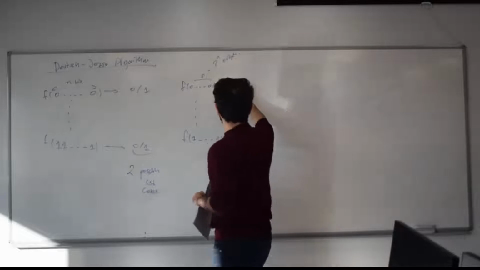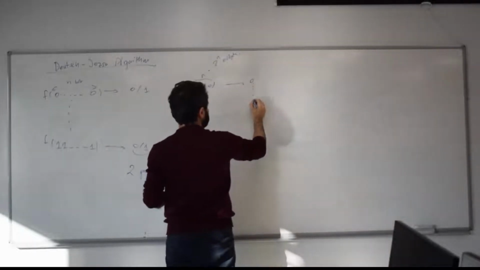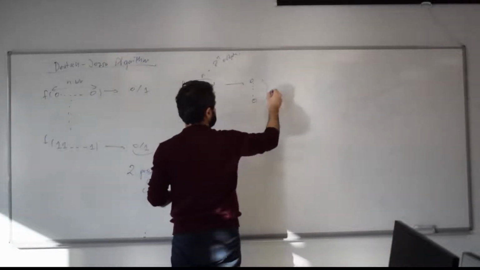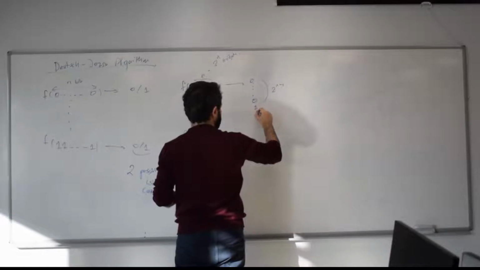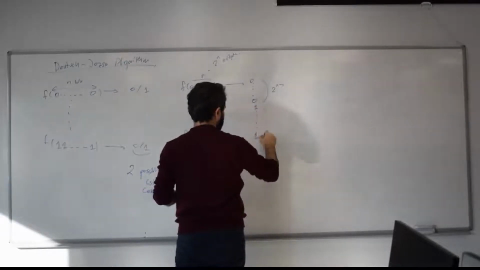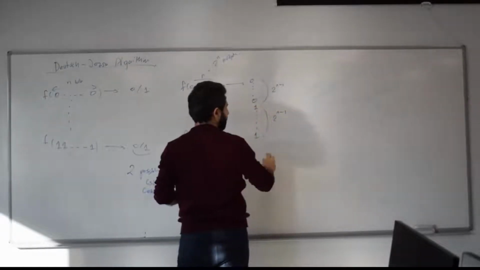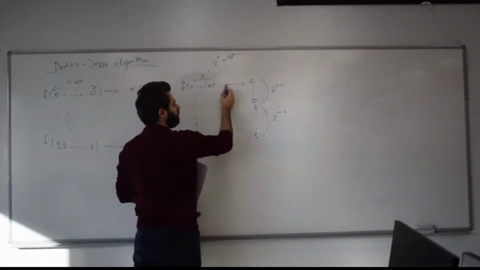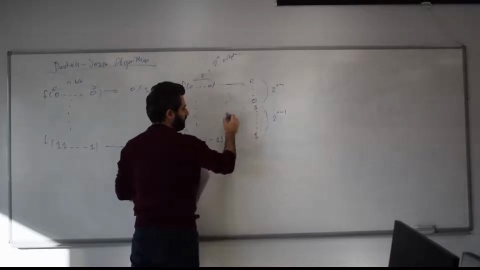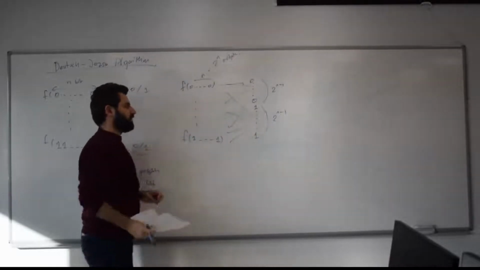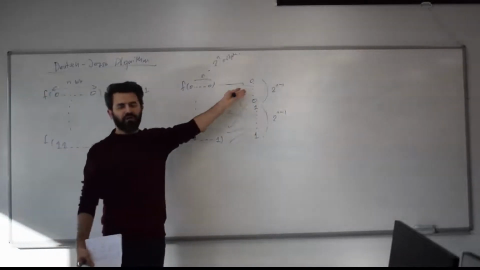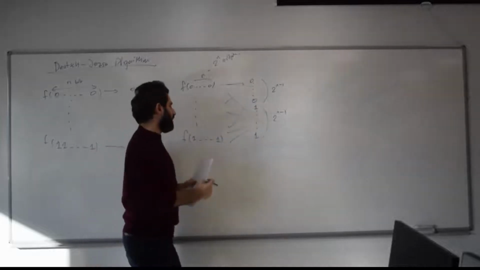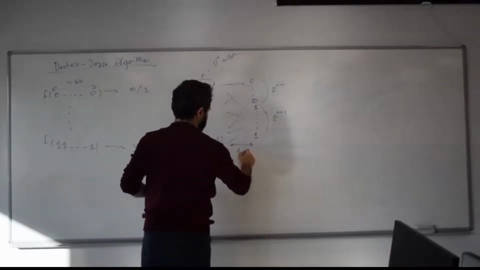For example, one choice could be 2 to the n minus 1 zeros, and then another set of 2 to the n minus 1 ones. So the total is just 2 to the n. And you can have, of course, different mappings here, such that half of them are 0 and half of them are 1.